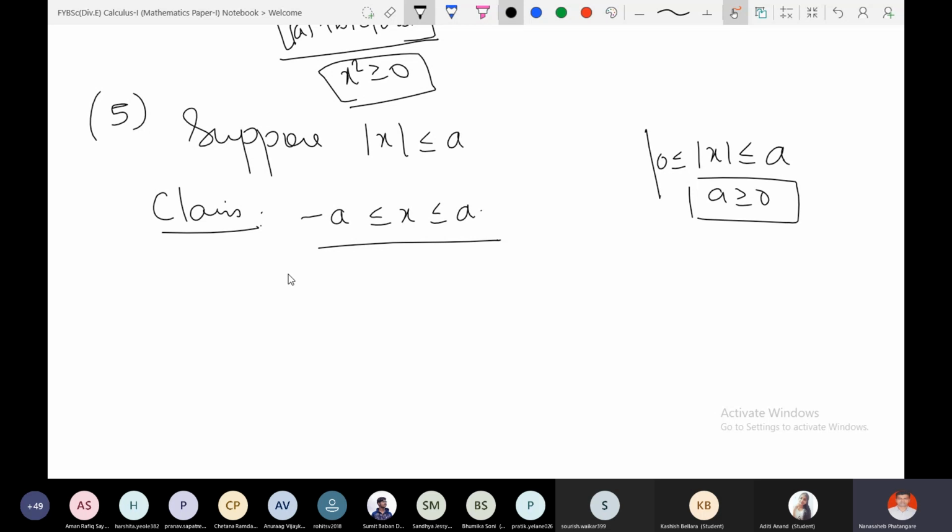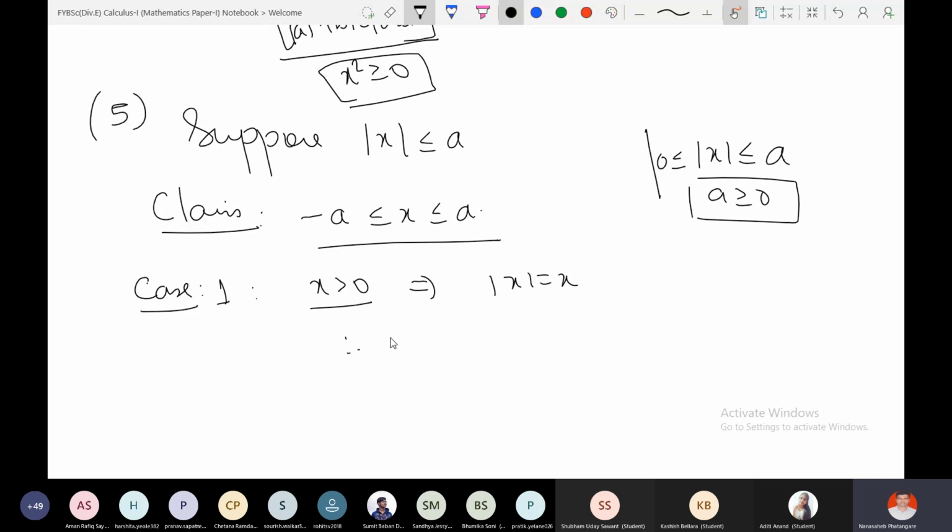Right? So x lies in between minus a and a. This is the claim. So how to do this? We should take cases, x less than 0 and x greater than 0. Case 1: suppose x is positive. Then the absolute value of x is x, right?